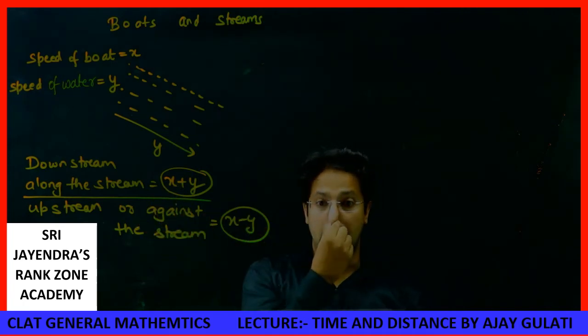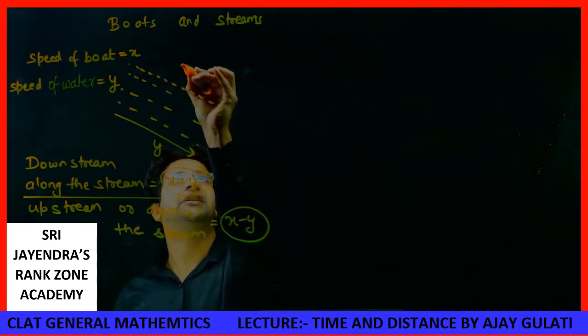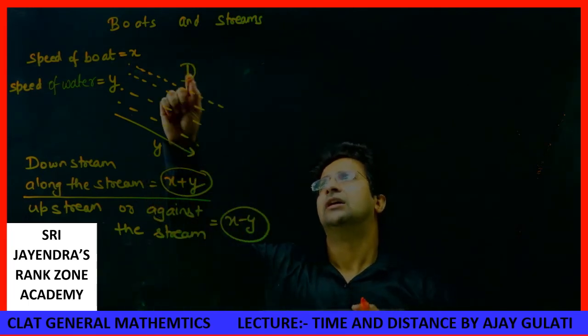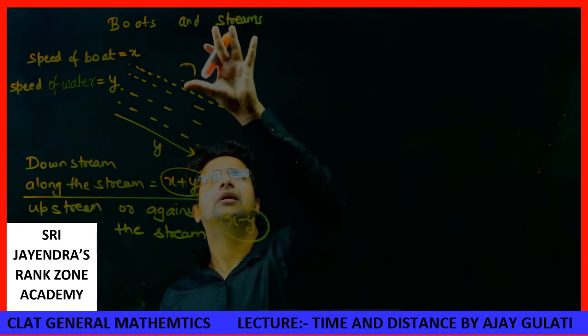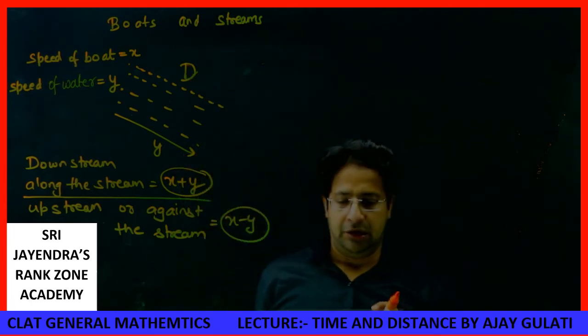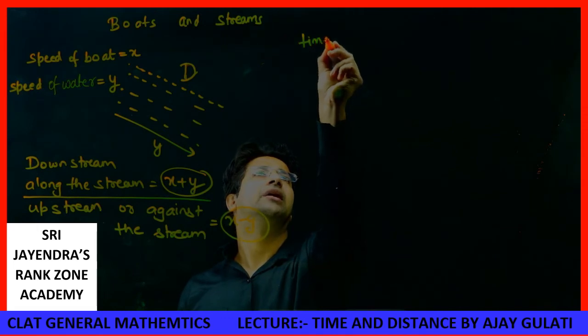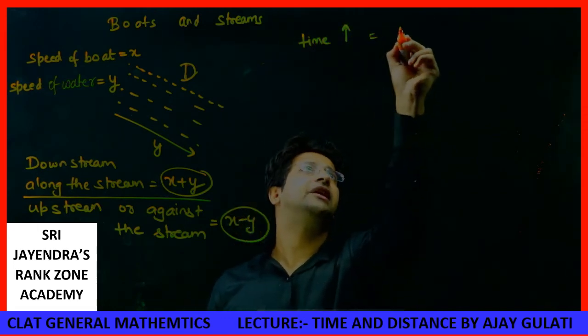Clear? Now suppose the length of this stream, this distance, is d. Clear? This distance is d. Let it be d, no problem. Time upstream, what will it be? That will be distance upon speed.